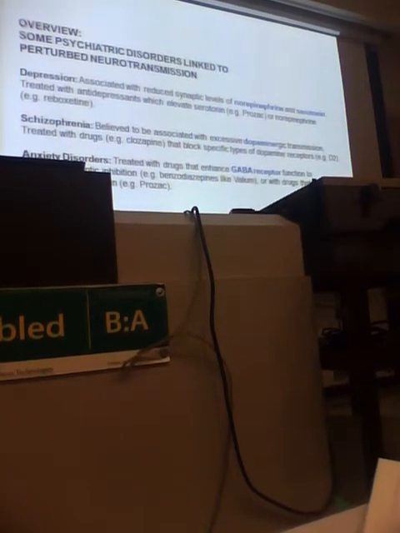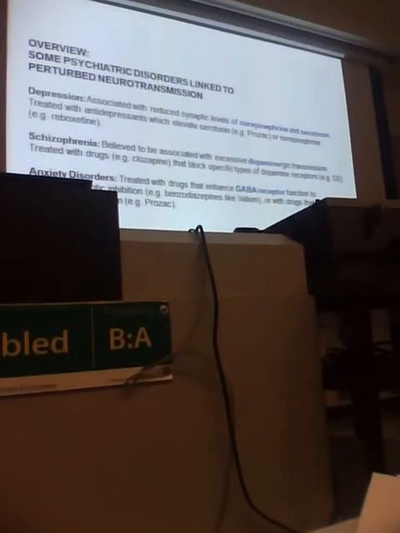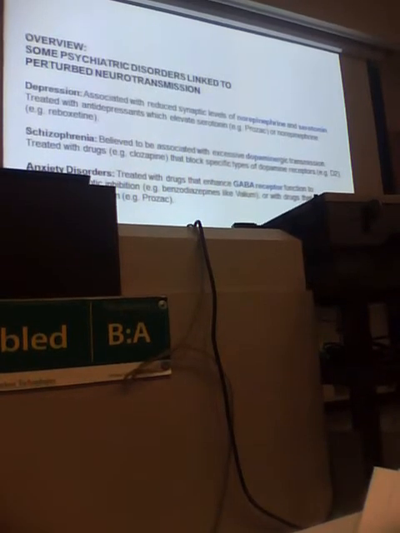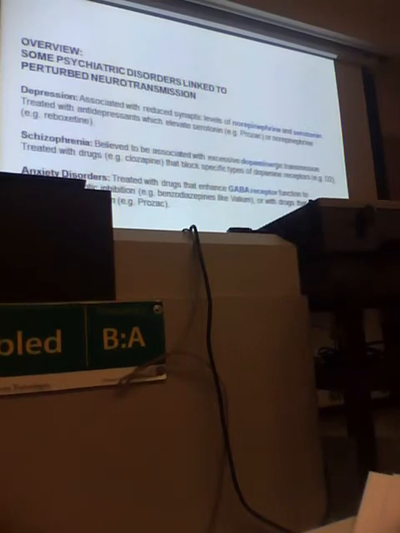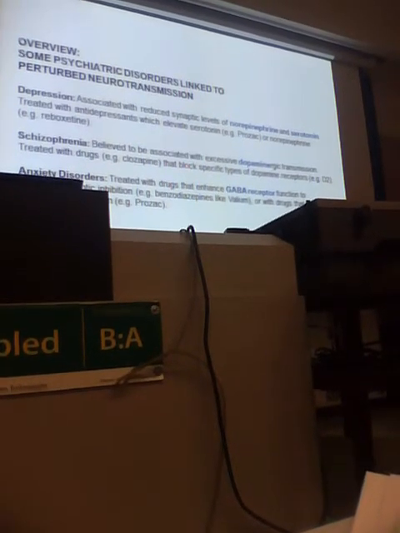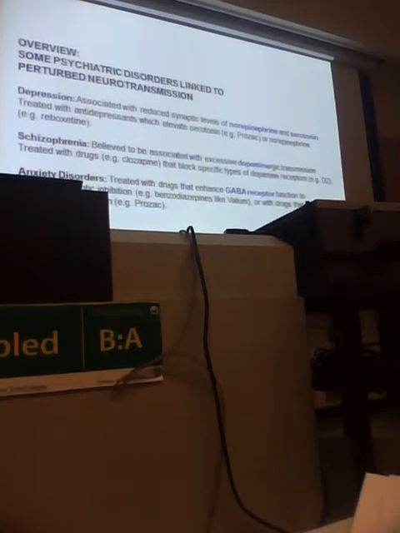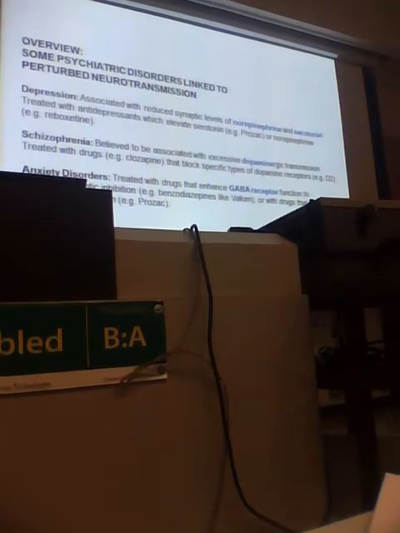Schizophrenia, we don't quite know the cause of schizophrenia, but one common factor is excessively high levels of transmission through dopamine. So a lot of the drugs that have been used to treat schizophrenia, not surprisingly, antagonize specific types of dopamine receptors, particularly D2 type.